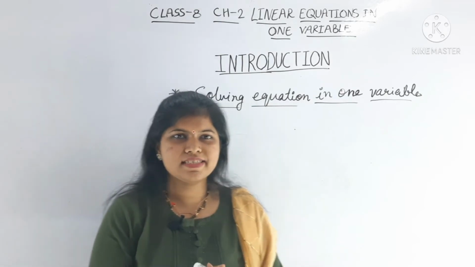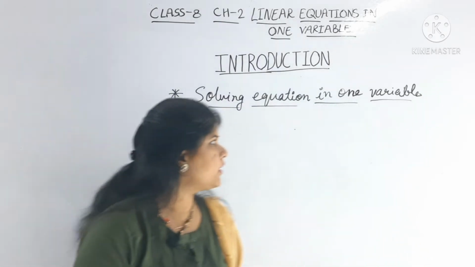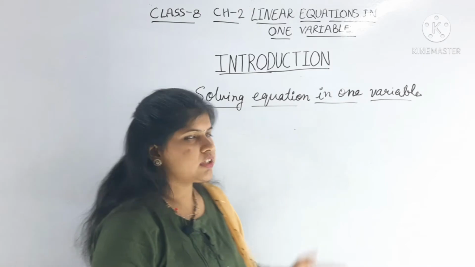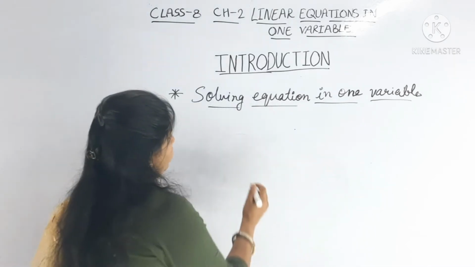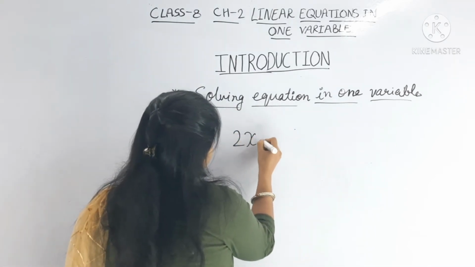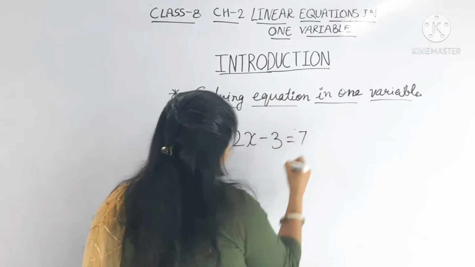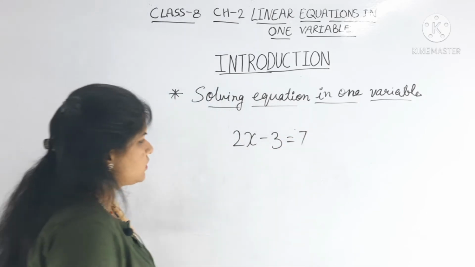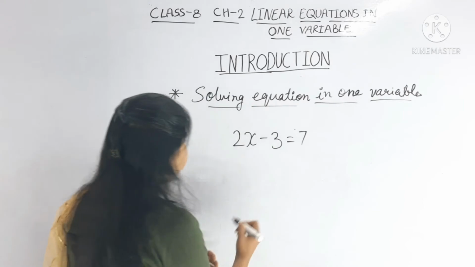Now students, let's see the next point. We have to solve an equation in one variable. Like this, you will get 2x minus 3 equal to 7. We have two methods. I will show you how to solve.